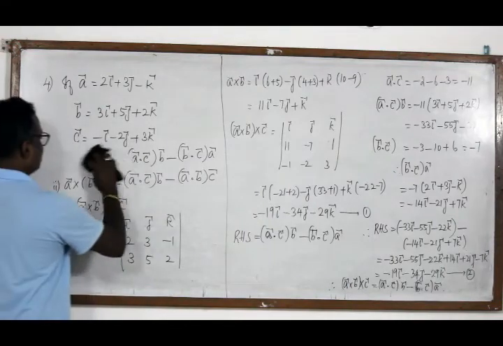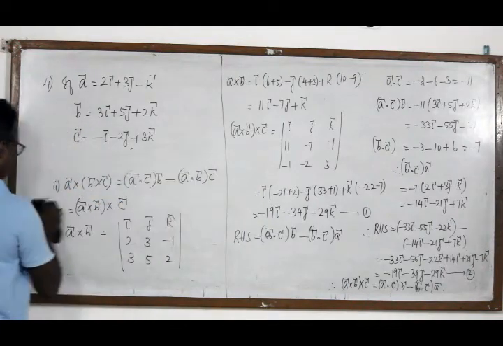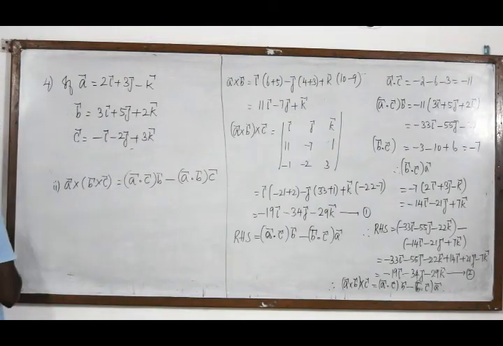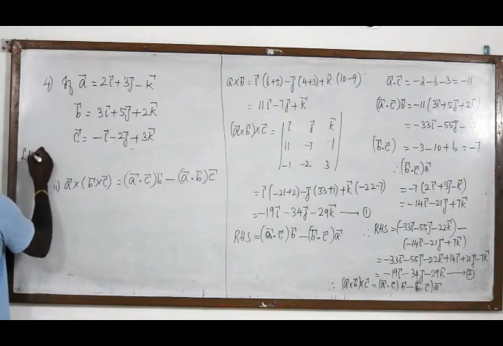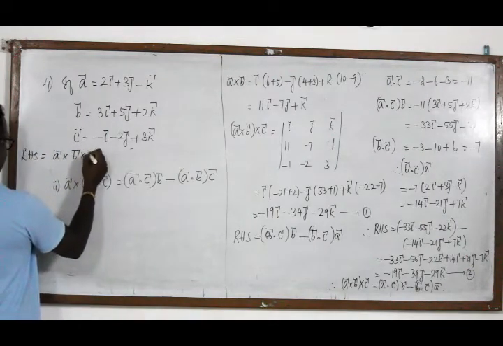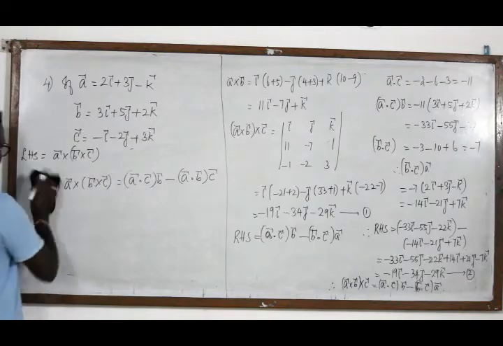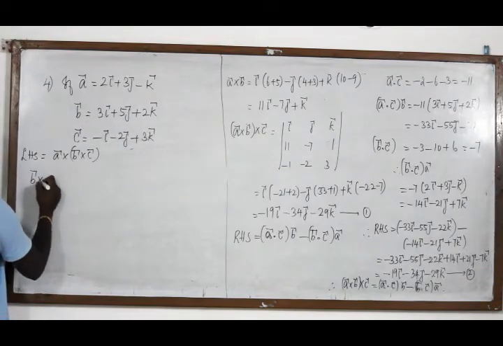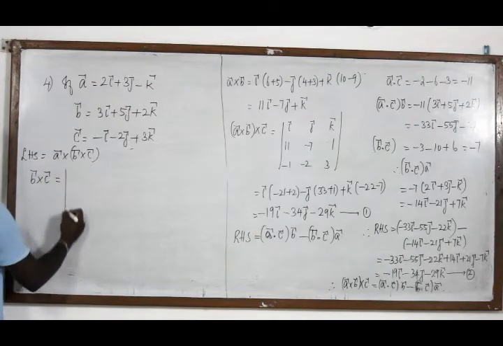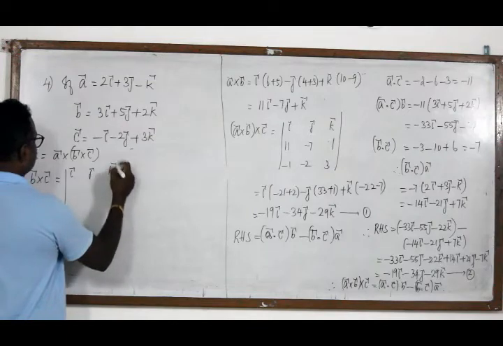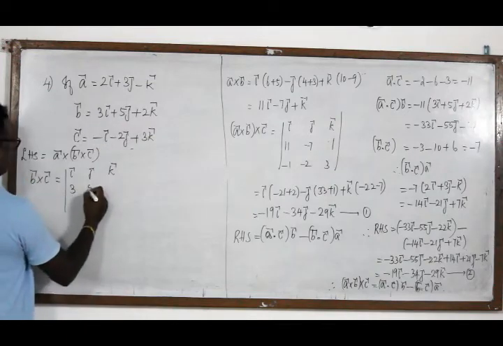Now we shall go for the second one. Left hand side is A cross B cross C. In that one, bracket first. So B cross C. Cross product means determinant. So i, j, k. First B vector 3, 5, 2.